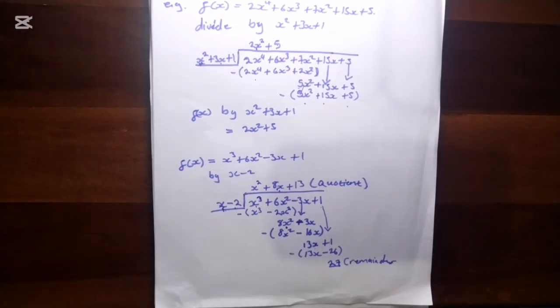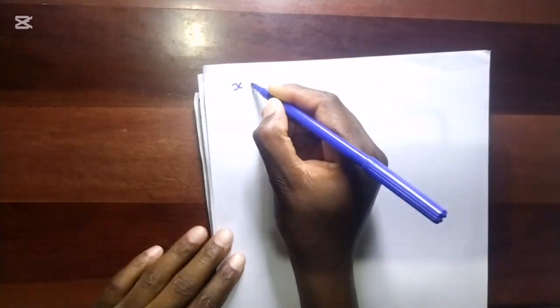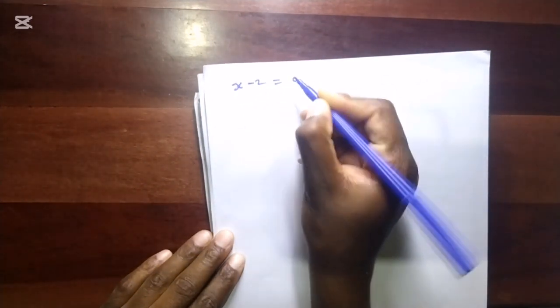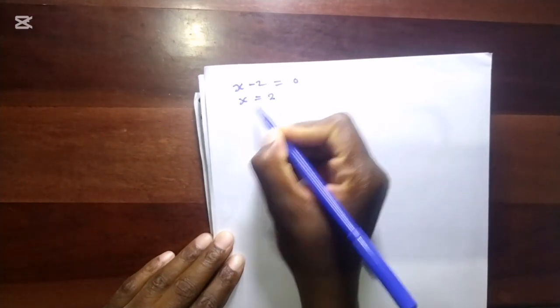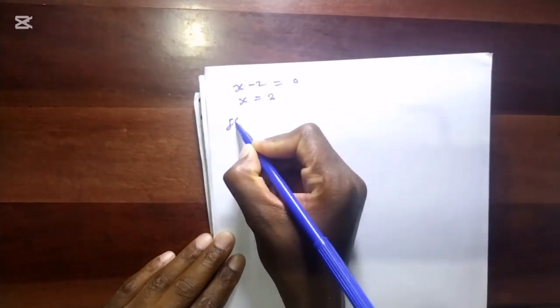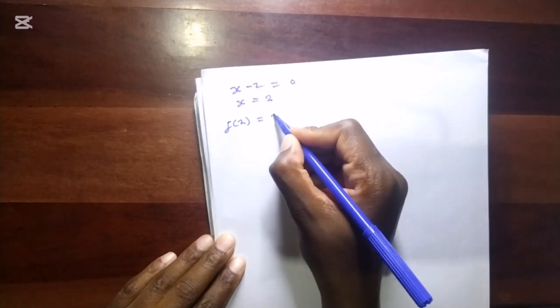Alright, so now if we say our x minus 2 is equal to 0, this means that our x is equal to 2. So this means that we can find our f of 2.